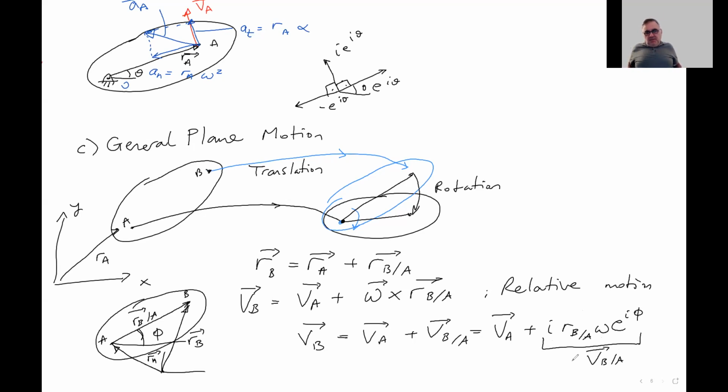So VB and VA can also be expressed in complex numbers, and the relative velocity can be written like this in terms of complex numbers as well. Now, we have to do one more thing, the accelerations in the general plane motion.